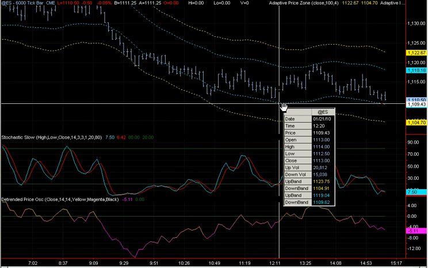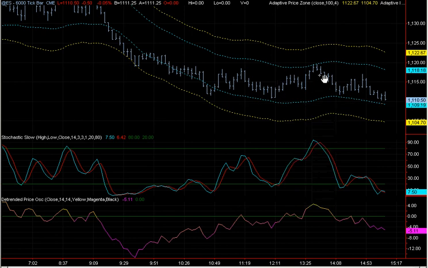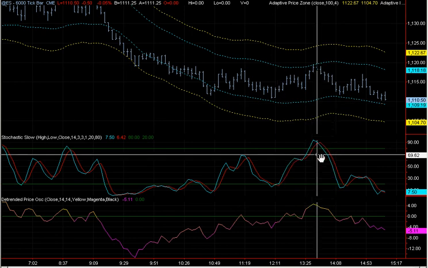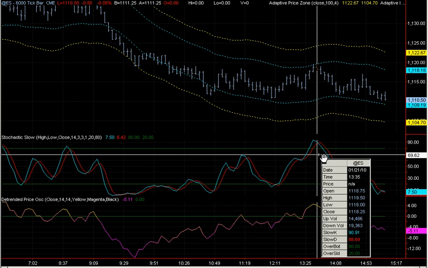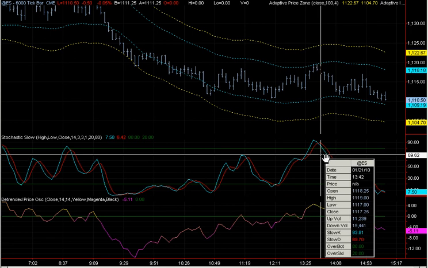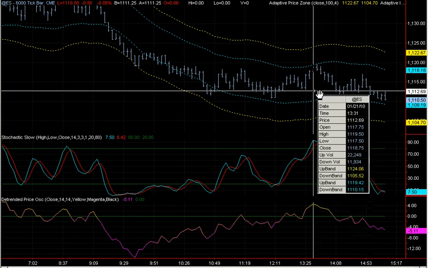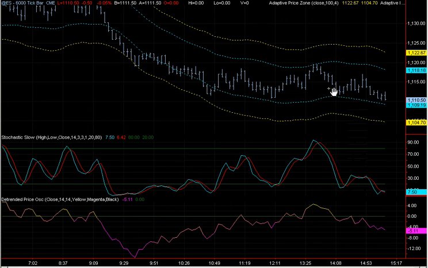So almost over 2 points left on the table. Trying to exit the trade once the fast line crosses below the slow line, you're down at 1117, whereas the high was at 1119.50. Now it still works, but we want to improve on that.